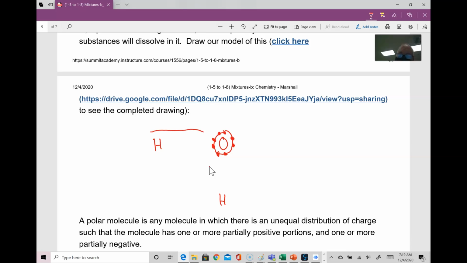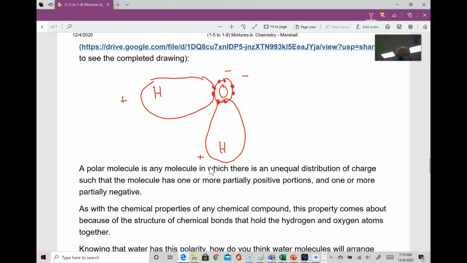And then hydrogen has its outer shell, its only shell, filled as well. It's got its 2 electrons, but notice how close we've placed the electrons to the oxygen. The shared electrons between the hydrogen and the oxygen are close to the oxygen, and that makes this end of the molecule more negative, and it makes this end of the molecule more positive. So that's our diagram that shows that polarity.